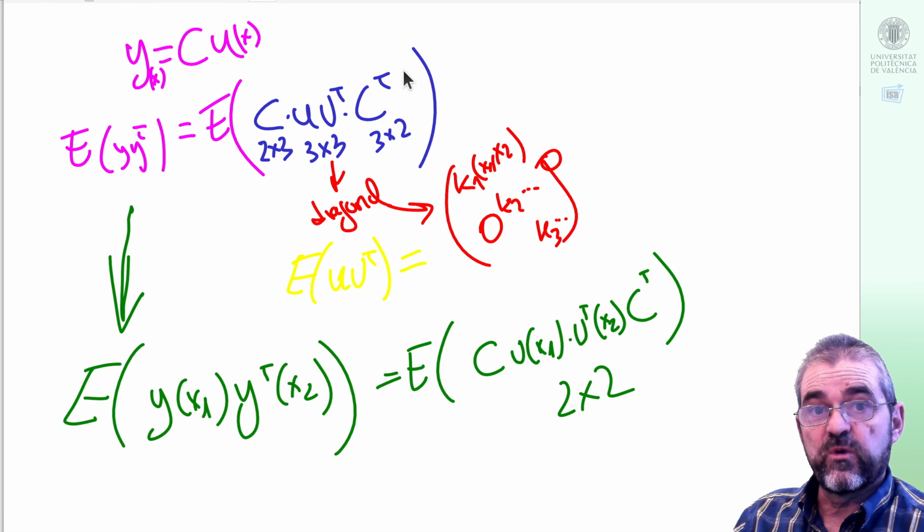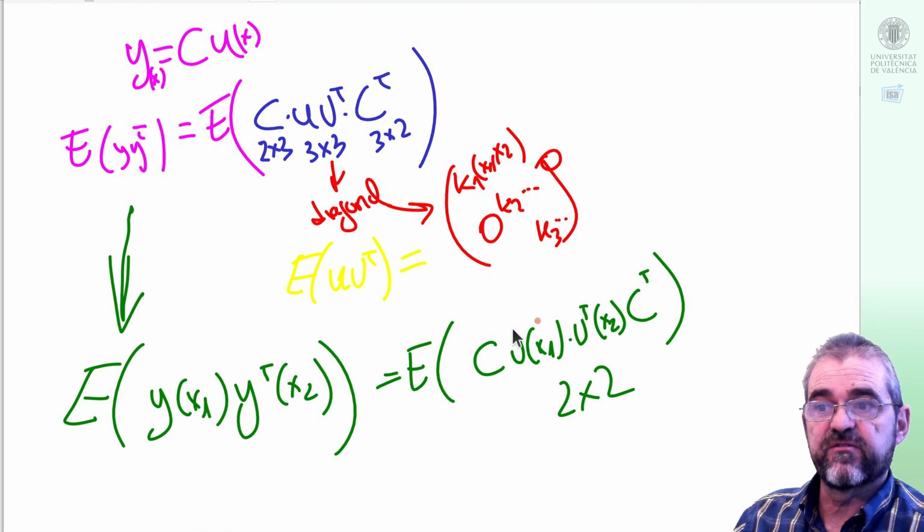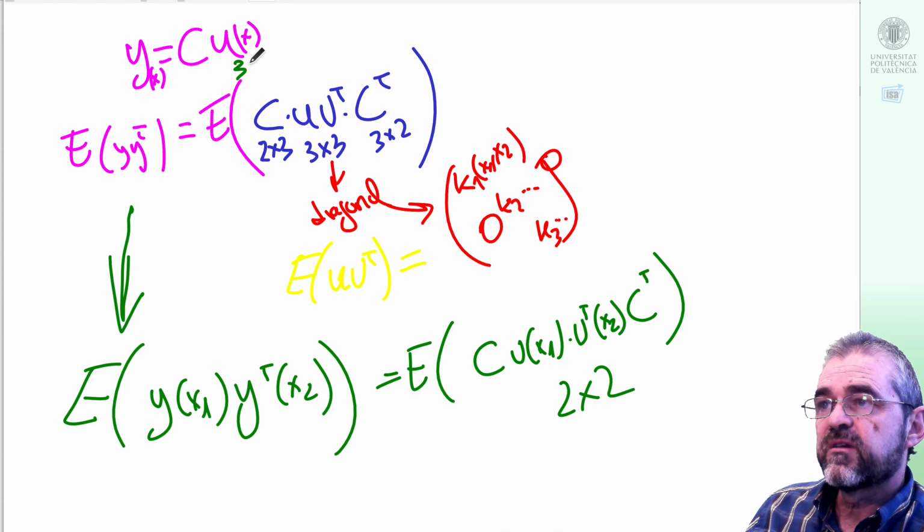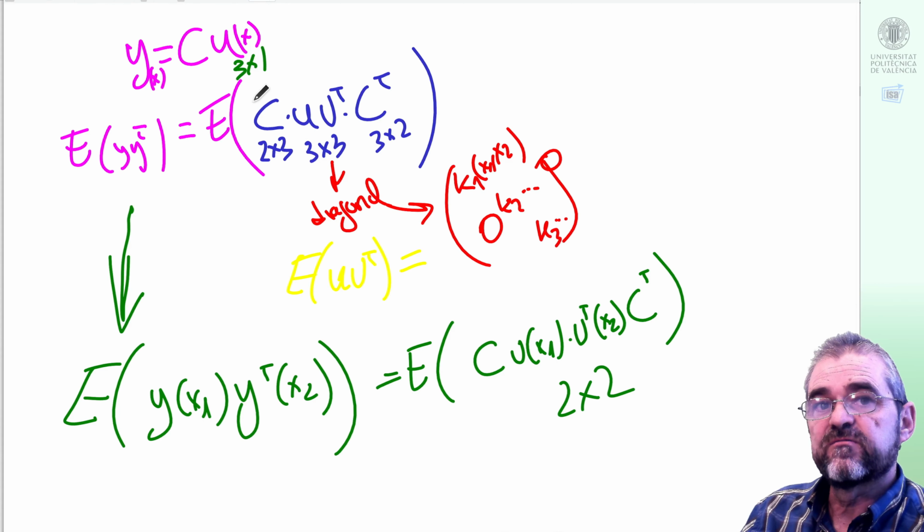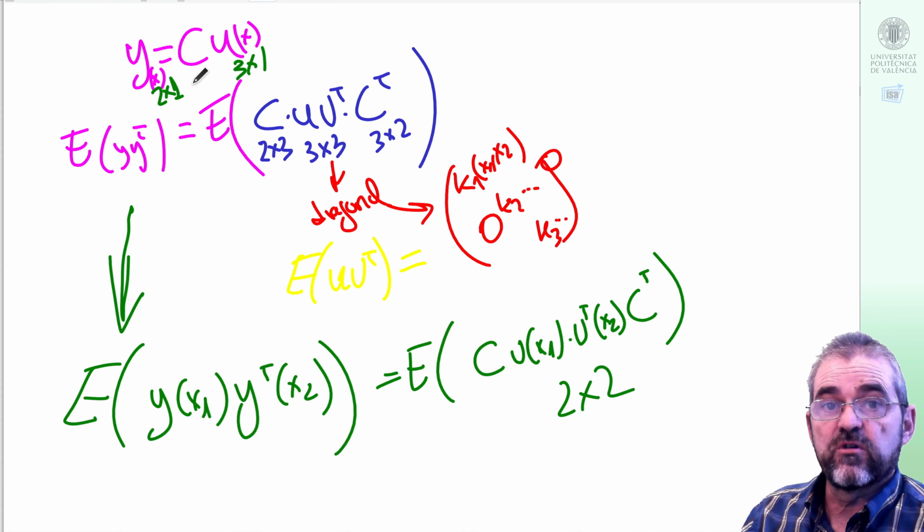Of course, when we are dealing with stochastic processes, we need a covariance between outputs at different input abscissa points, x1, x2. So we are referring to the covariance of Cu of x1, u transposed of x2, C transposed. u is a 3 times 1 vector of latent internal factors, and y was a 2 times 1 vector of observable outputs.